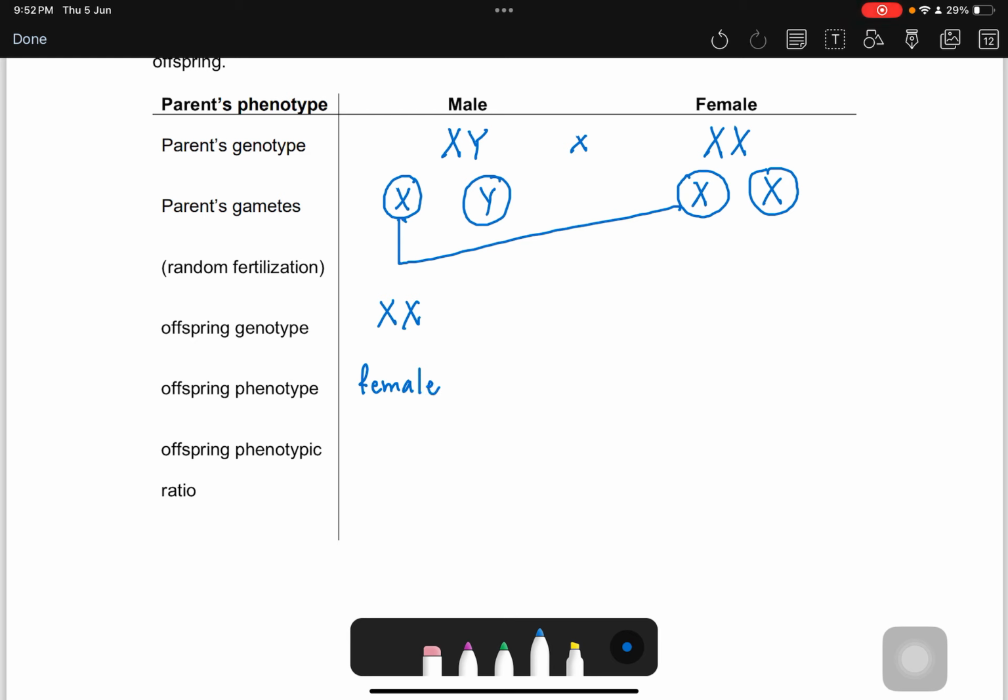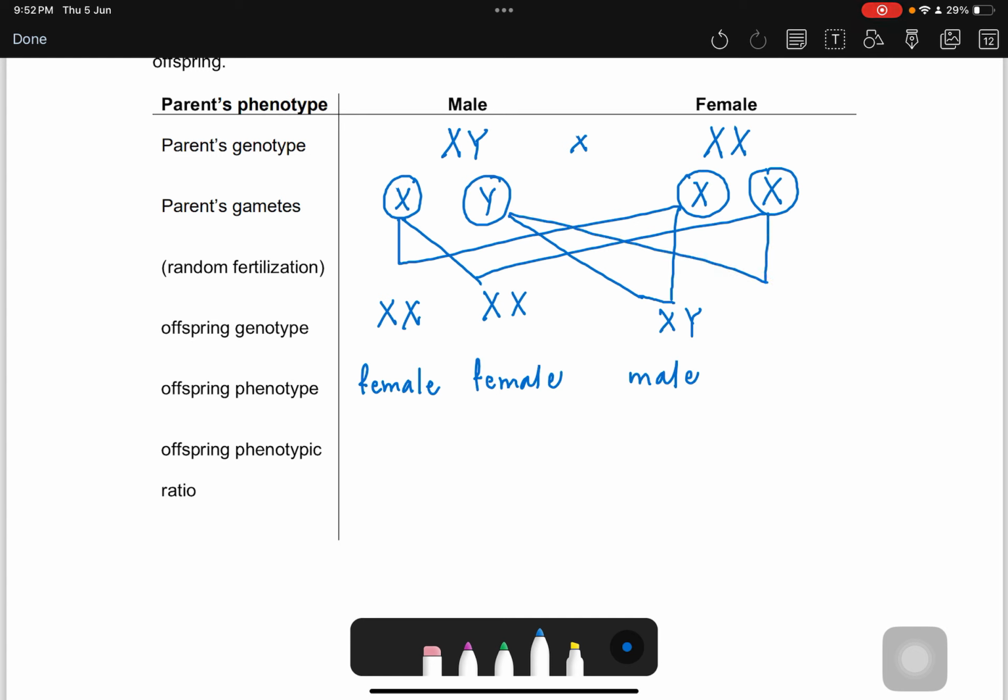Second one as well, another chance of getting a daughter over here. And then the third combination, XY, which will give rise to a male, a son, and there is also another chance of having a son.